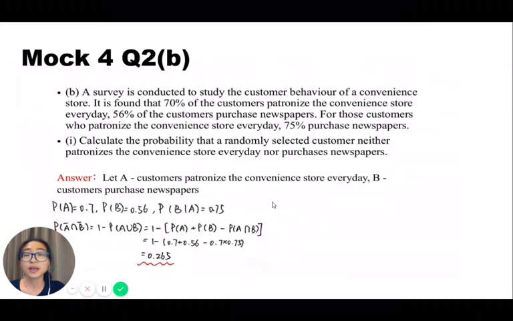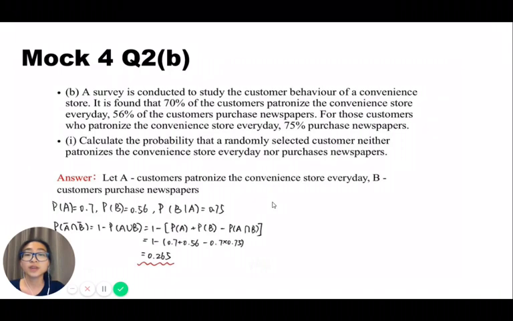So let's assume that A is customers patronize the convenience store every day, and B is customers purchase newspapers. So the probability of event A is 0.7, and the probability of event B is 0.56.